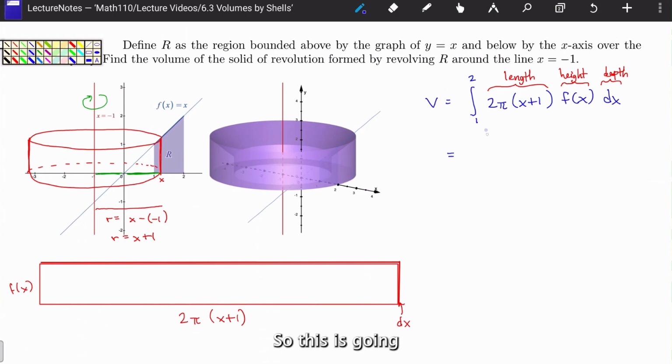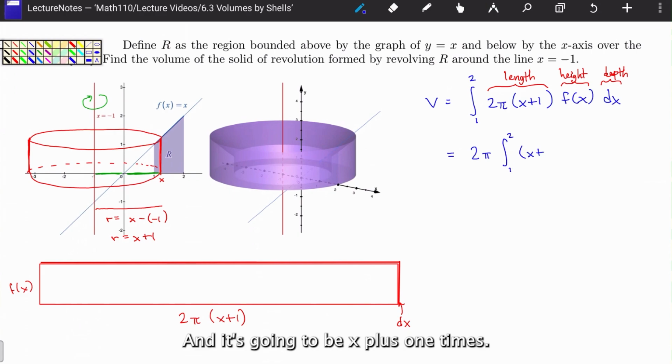So I'm going to pull that 2 pi out, integral from 1 to 2, and it's going to be x plus 1 times, in this case, f of x is equal to x, dx.